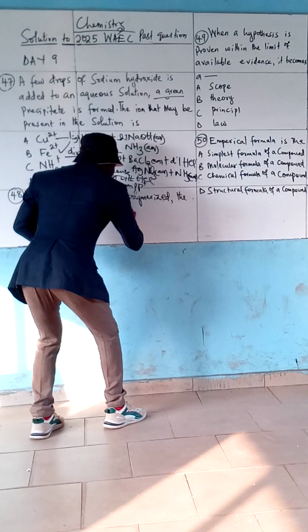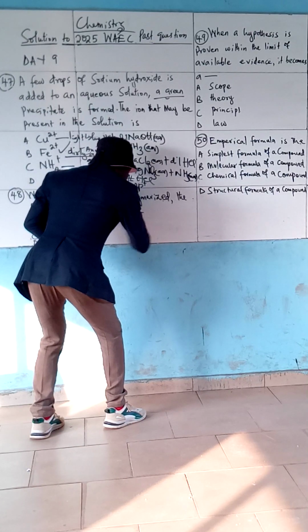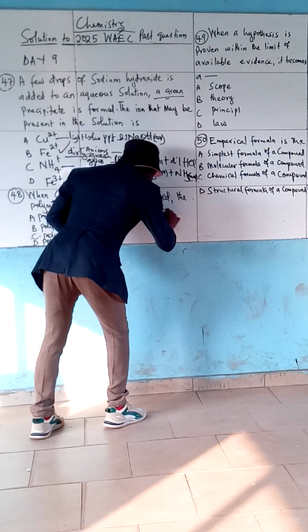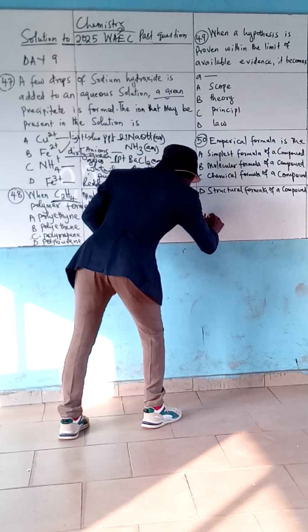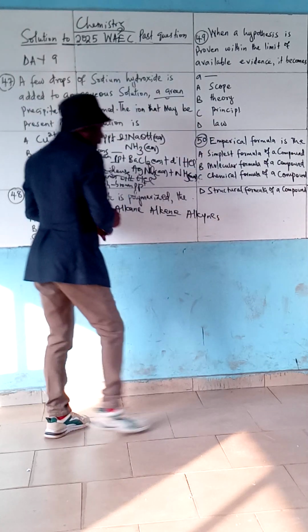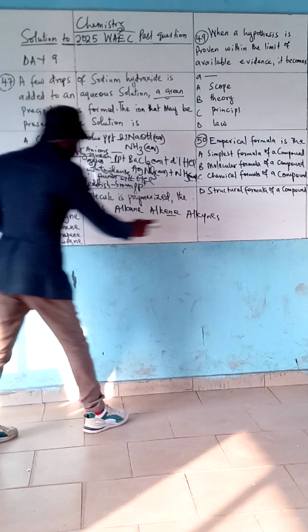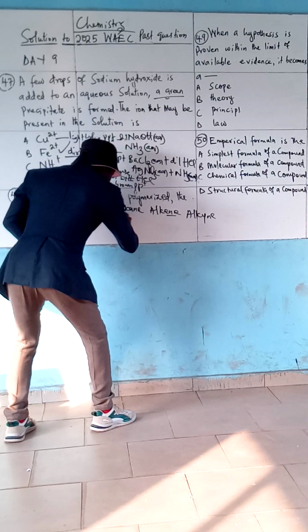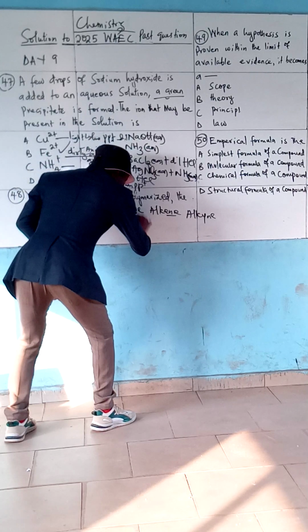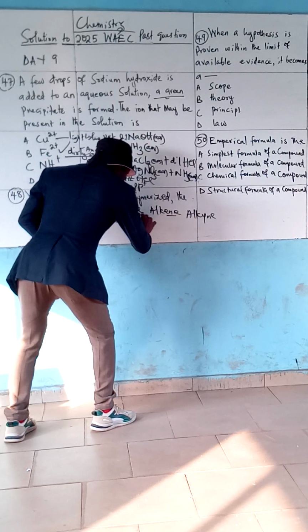Of course, we have alkane series, A-N-E. Alkene series, E-N-E, and alkyne series, Y-N-E. The general formula for alkane series, of course, is CnH2n plus 2.